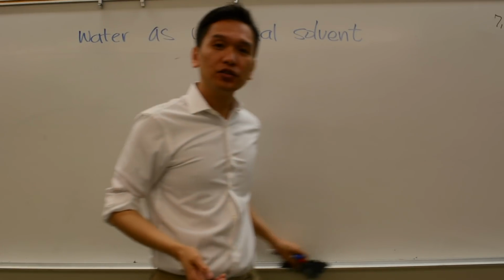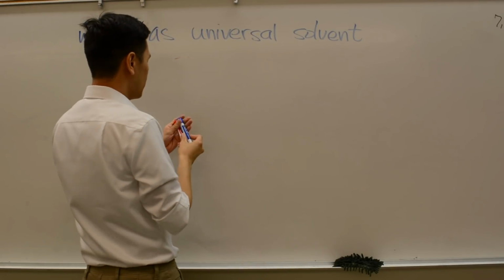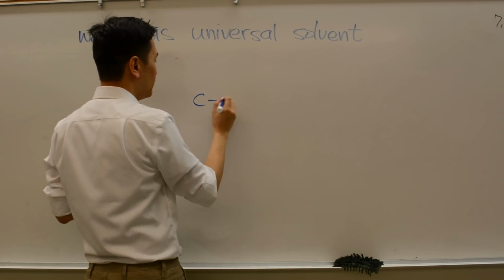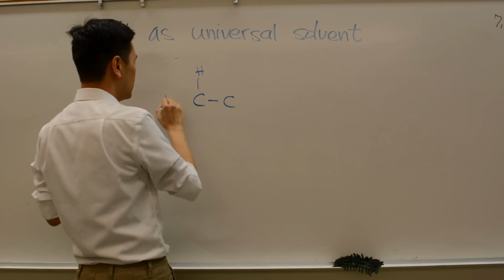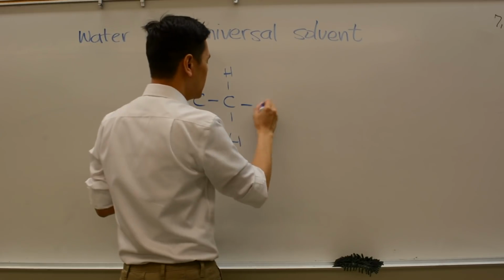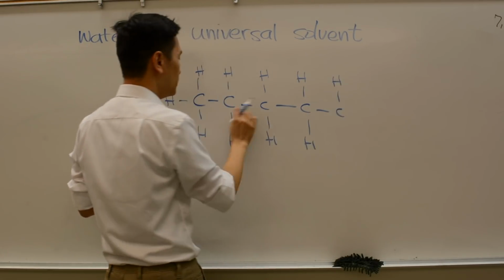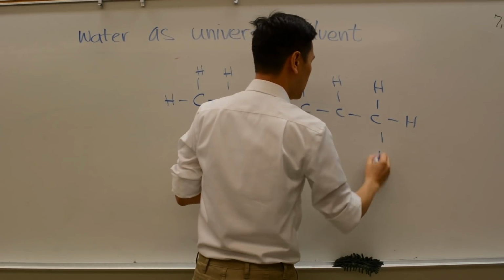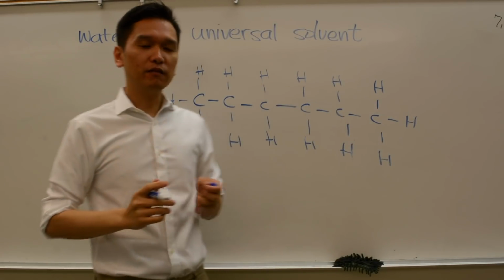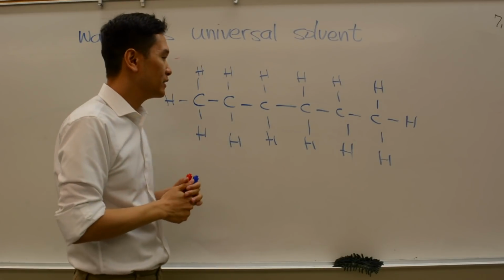If you have a molecule that is non-polar, for example, if you just have a molecule that looks like this, let's give it some more. I'm going to give it to you as hexane. 1, 2, 3, 4, 5, 6. We'll learn this kind of molecule later, in a few chapters, in the organic chapter.